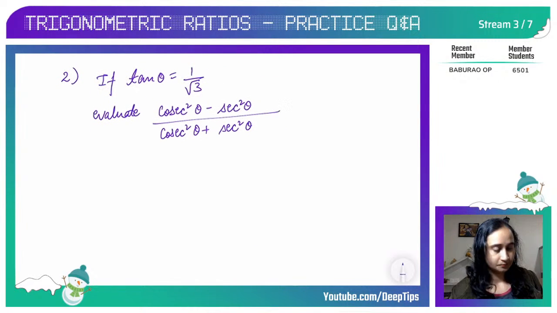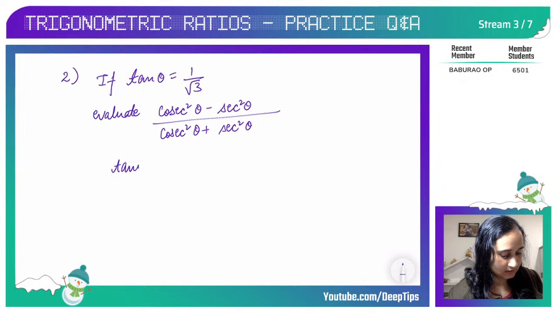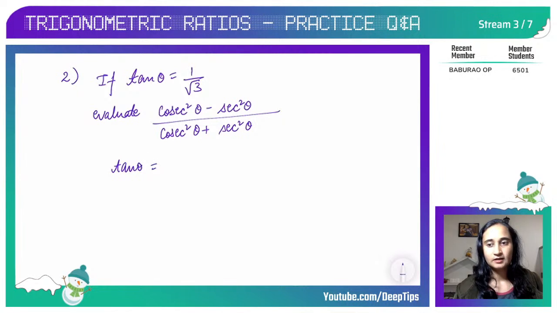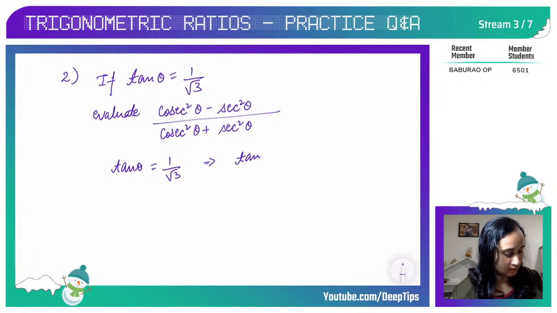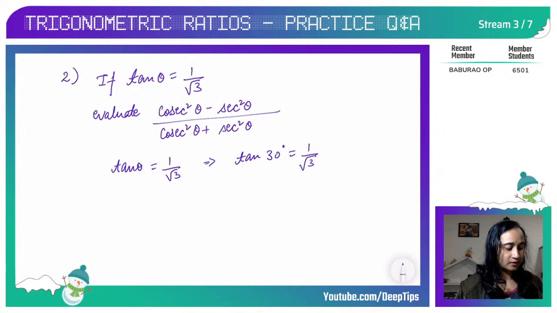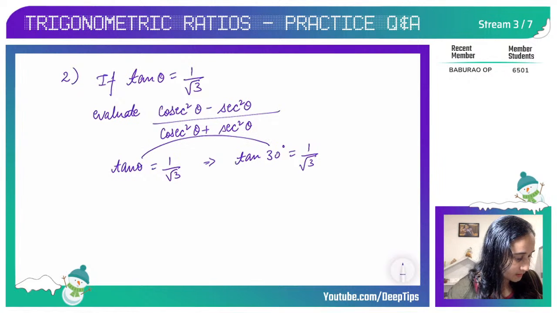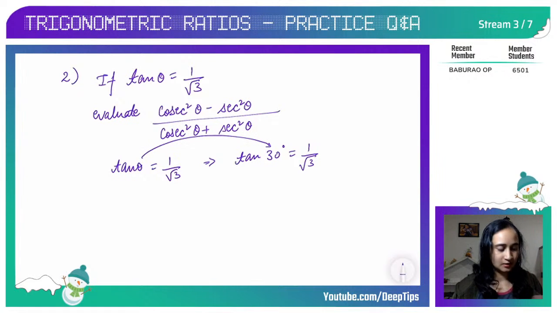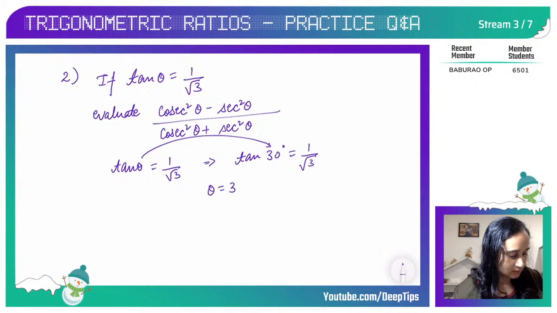First we need to write here tan theta is equal to 1 by root 3. That's given in the question. We can write that tan of 30 degree is equal to 1 by root 3. So from here I can relate that theta is 30 degree. So then my theta is equal to 30 degree.